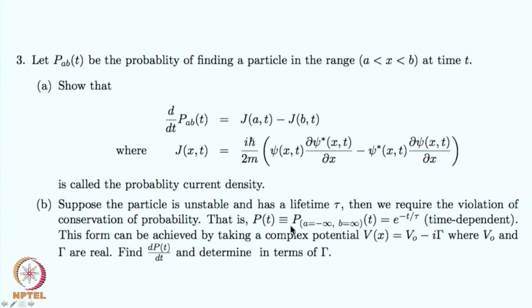In the second part, the potential is replaced by a complex potential V naught minus i gamma, where V naught and gamma are real quantities, and this potential is complex. So how the probability will get modified, and what will be the rate of probability in terms of this capital gamma. So let us get started.